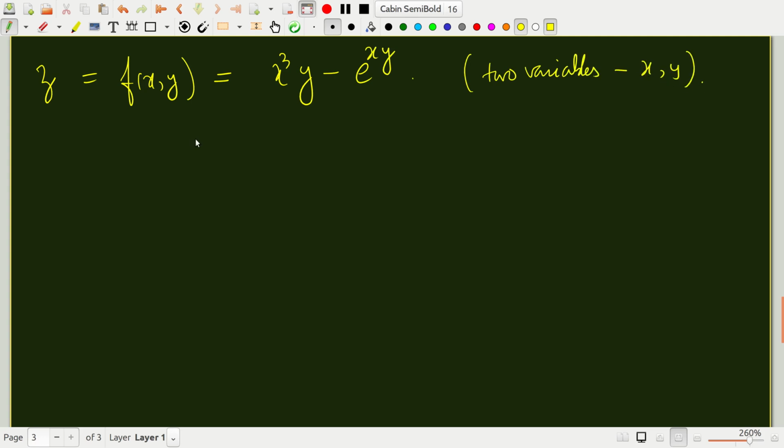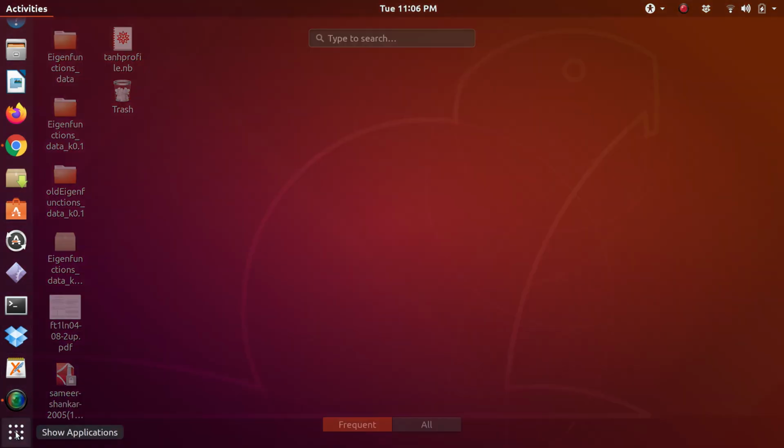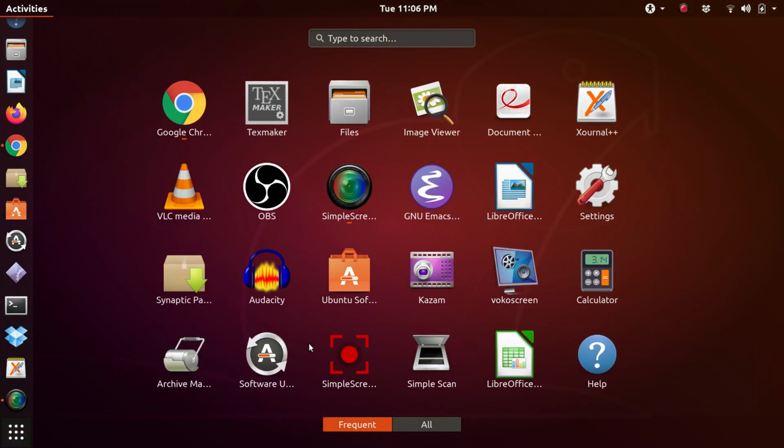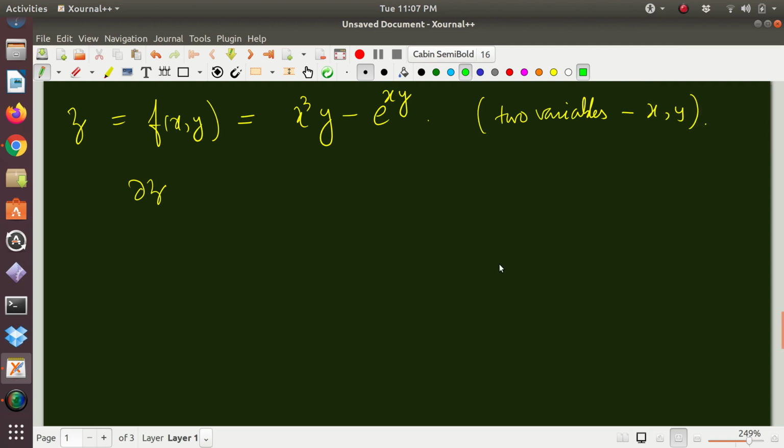Now, what is partial z by partial x? Let's choose a different color.